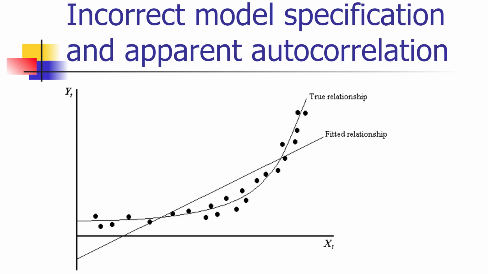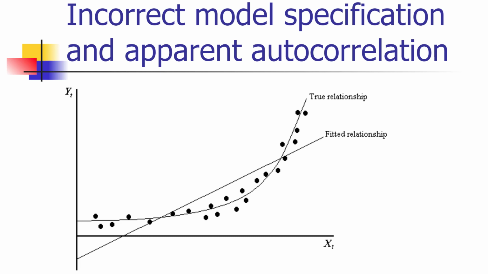One thing we should note, though, is that we might appear to find autocorrelation when we've really just specified a model incorrectly. For example, if y and x are two variables that grow over time, and y is growing at a rate that's exponential with respect to x, a graph of the relationship would look something like this.